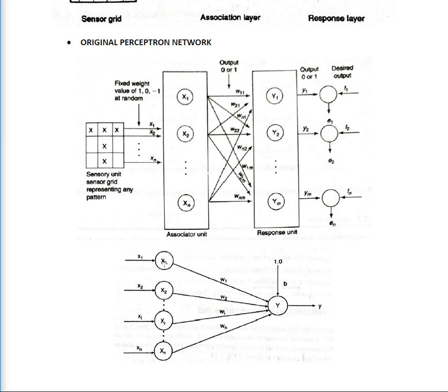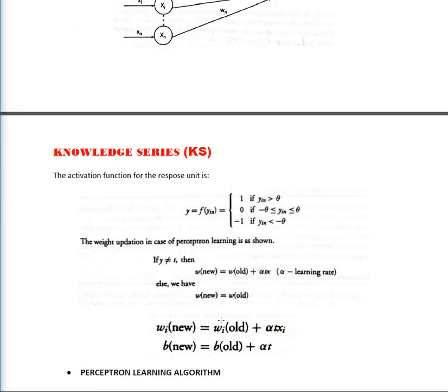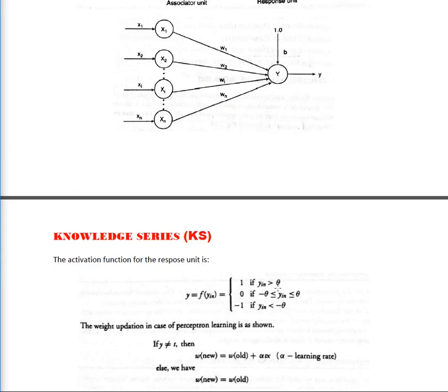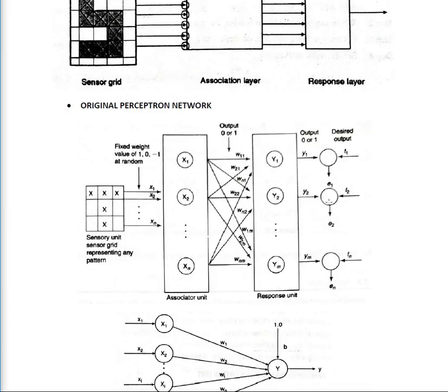Now f of y in, when passing through the activation function, has to produce 1, 0 or minus 1, based on these conditions. It is 1 if y in is greater than theta, it is minus 1 if y in is less than minus theta, and it is 0 when it lies between minus theta and theta. So those are the conditions that we are creating for identifying the value of y.